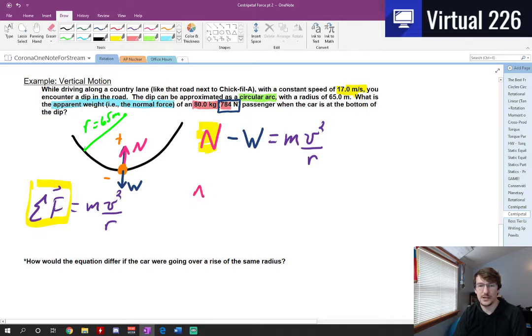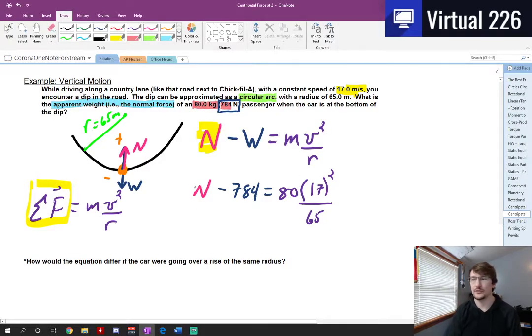So the normal minus 784 equals 80 times v squared, which is 17, over r, which is 65. Whoops. At this point, we can just go ahead and solve for N.